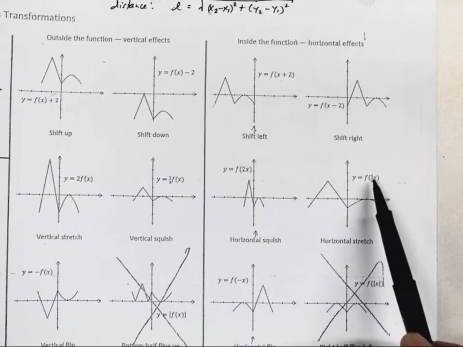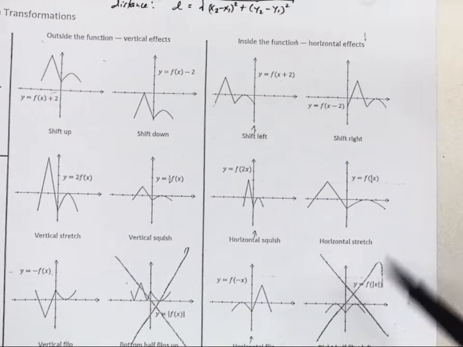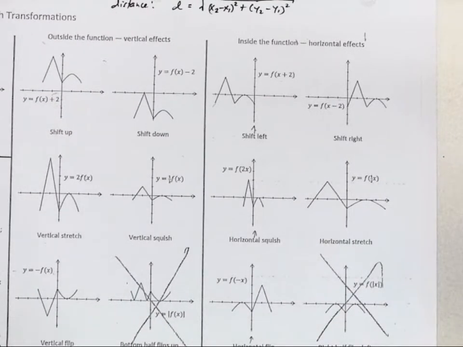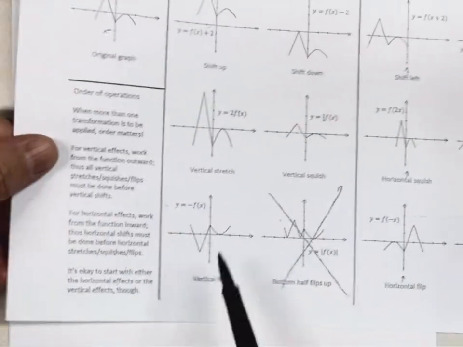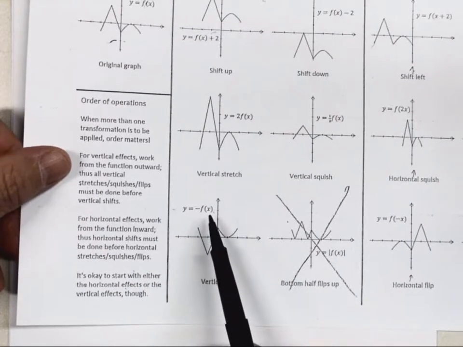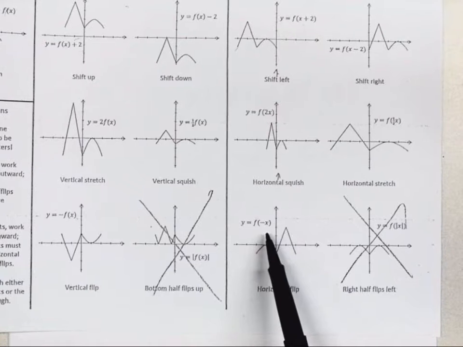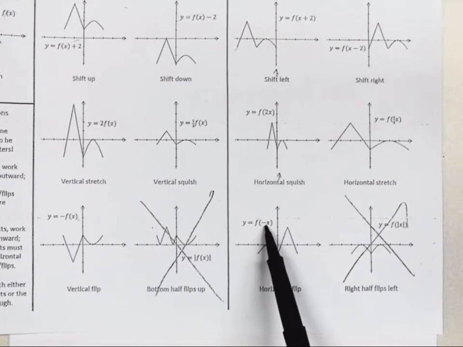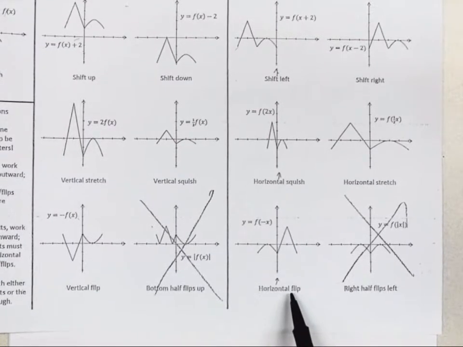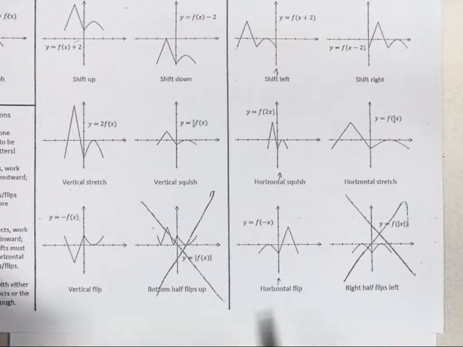Although if you put a 1/2 in here, it actually stretches it, makes it twice as wide. And then over here, we put a negative in front of the function here. If you put the negative inside the function, it's a horizontal flip, which means it just flips around the y-axis.